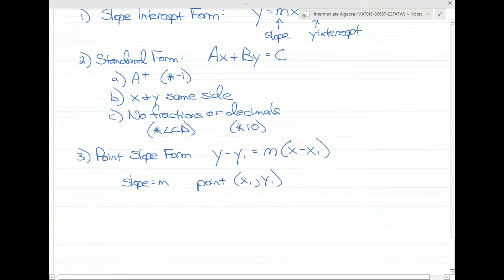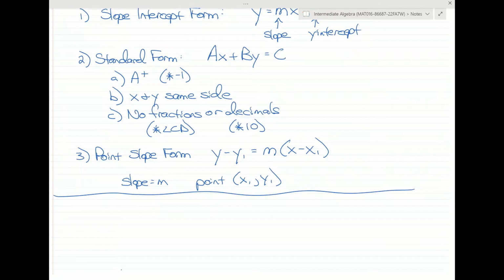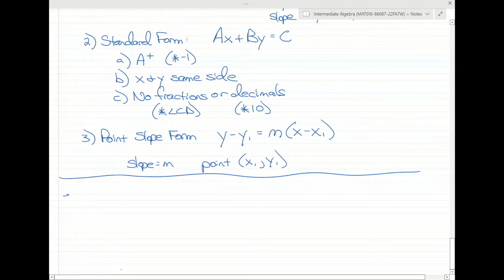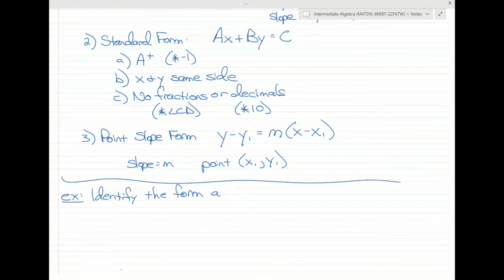So let's do some examples. First thing is identify the form and components of the following.